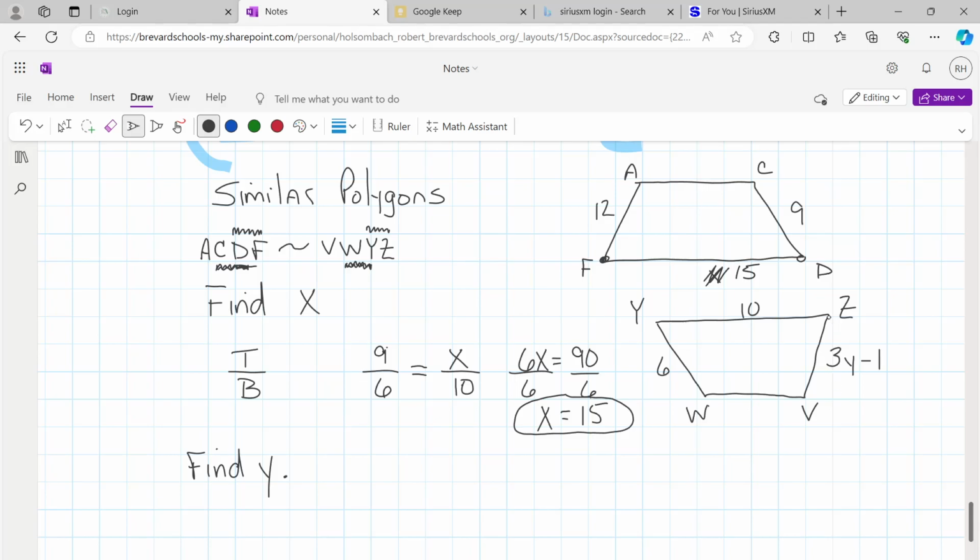So this Z to V, here's V and Z, first and last, corresponds to AF. And A to F is 12, so we can take 12 over ZV, which is 3y minus 1.